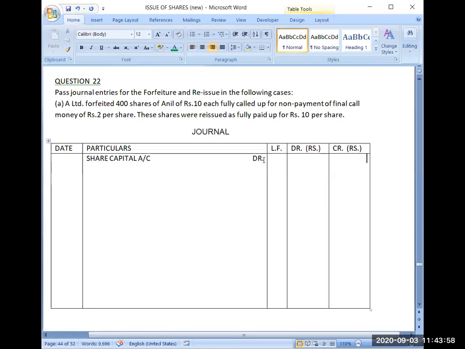So here I will be writing, we will assume it is equity share. So I will write equity share capital account debit to equity share final call account.